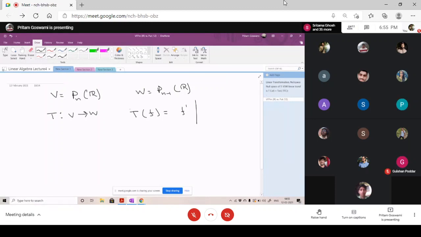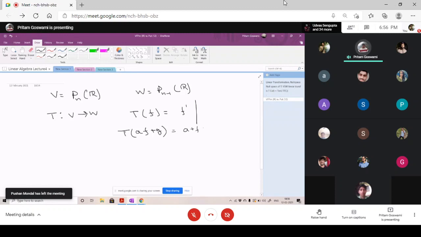Yes, sir, it is. Why? Tell me. Because differentiation of the sum of two functions can be written as the sum of the differentiation of the two. Yes. So basically, say two polynomials are f and g. If I have to check T of f plus g, it will be the differentiation of f plus g.